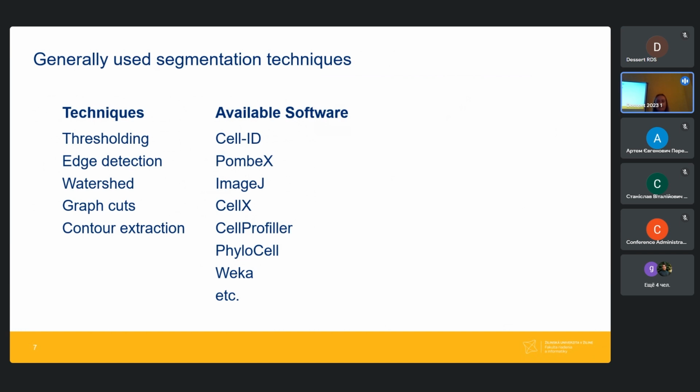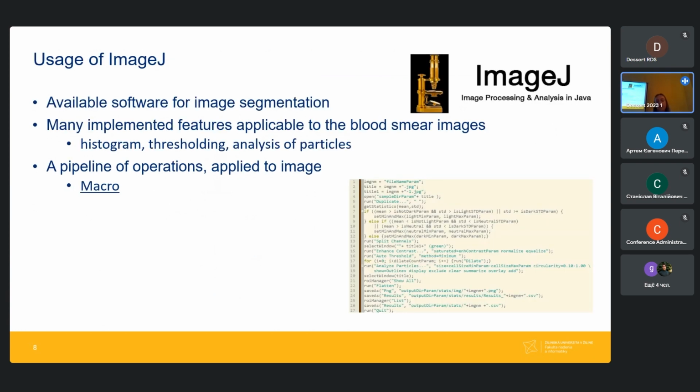Since these techniques are available in many software solutions or libraries, I decided to make use of this. And specifically, I chose ImageJ software because it has many implemented features that I can apply, and it's very user-friendly and easy to use.